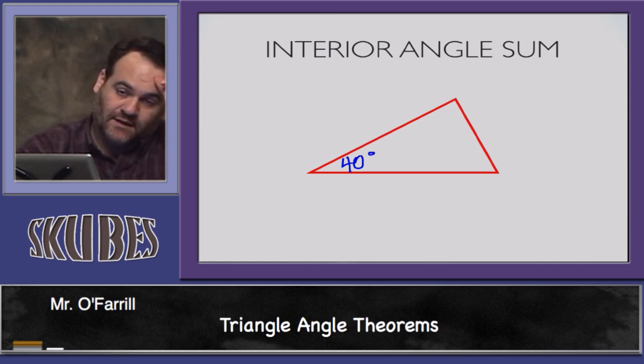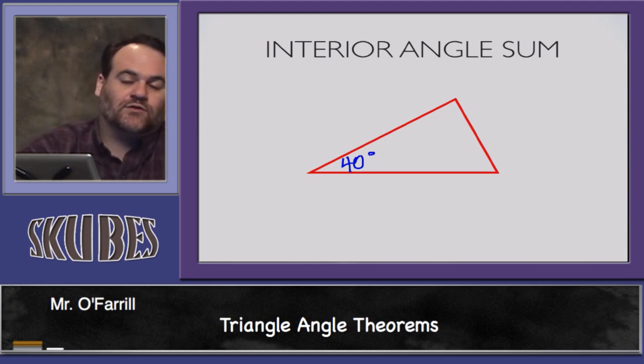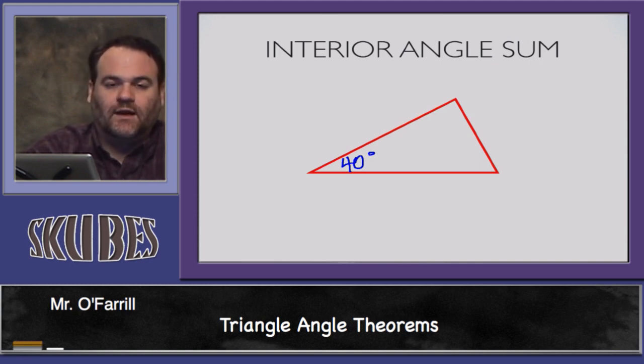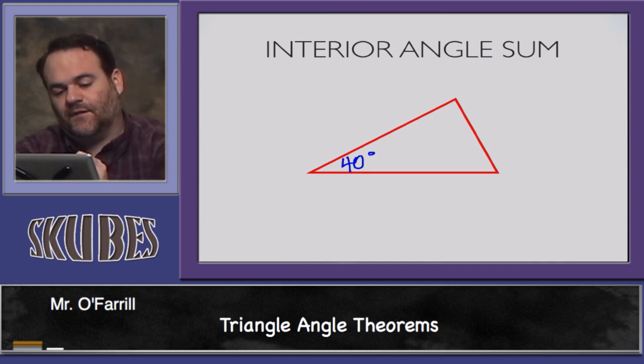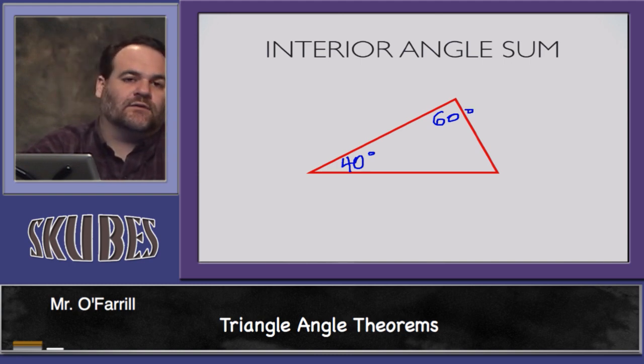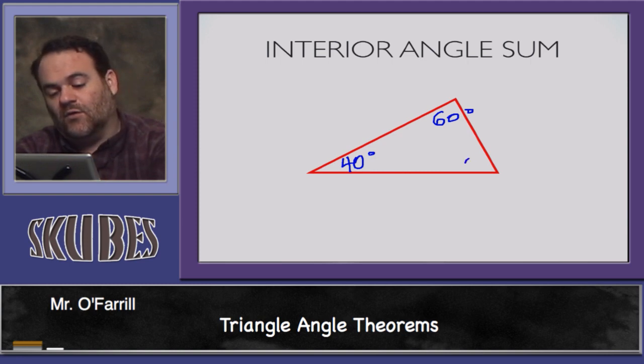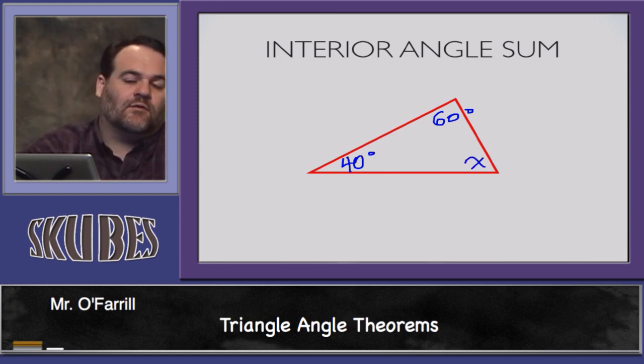Now I don't know if that is the case for the actual triangle that you're looking at, but for our purposes we're going to call it a 40-degree angle. I can also say that this one is a 60-degree angle. So the question I'll ask is, what is the remaining value?